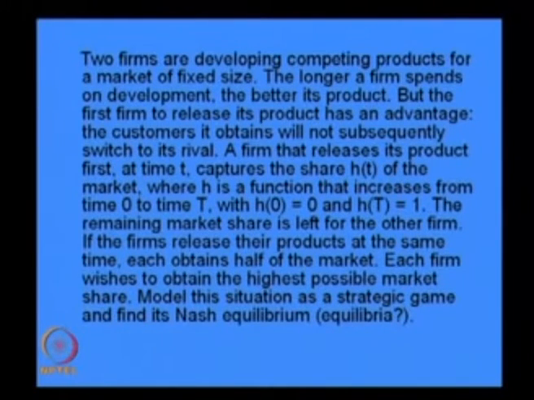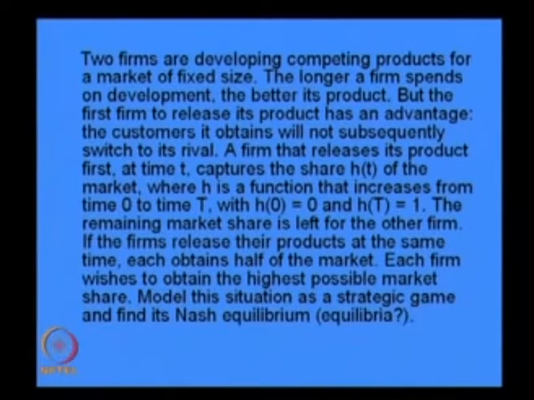But the first firm to release its product has an advantage: the customers it obtains will not subsequently switch to its rival. A firm that releases its product first at time t captures the share H(t) of the market, where H is a function that increases from 0 to time capital T, with H(0) equal to 0 and H(T) equal to 1.